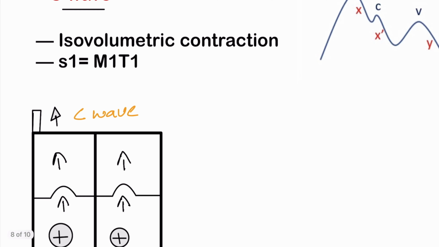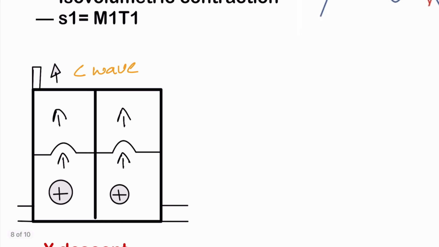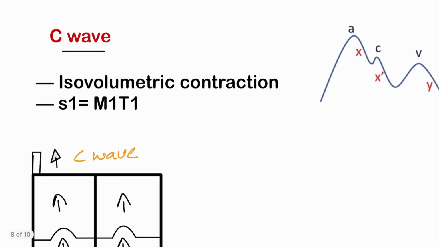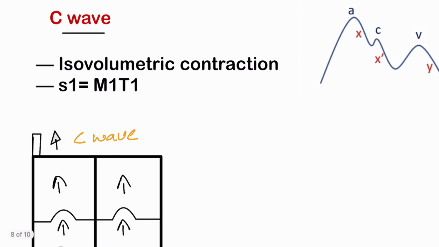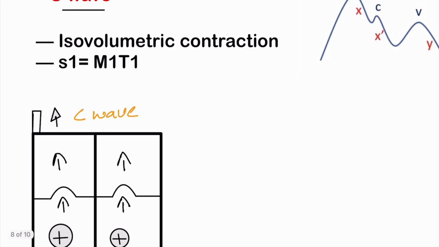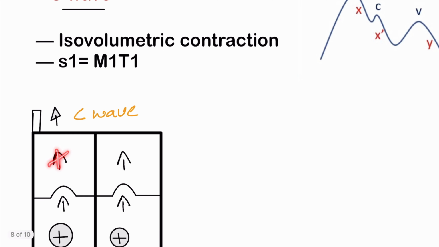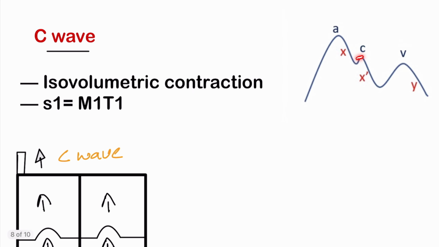So what is isovolumetric contraction? Isovolumetric contraction is when all the valves in the heart are closed, the aorta, the pulmonary artery, mitral and tricuspid, and the heart is contracting like a closed chamber, which is known as isovolumetric contraction. In this, the pressure in the atria will be increased so that you can see C wave.